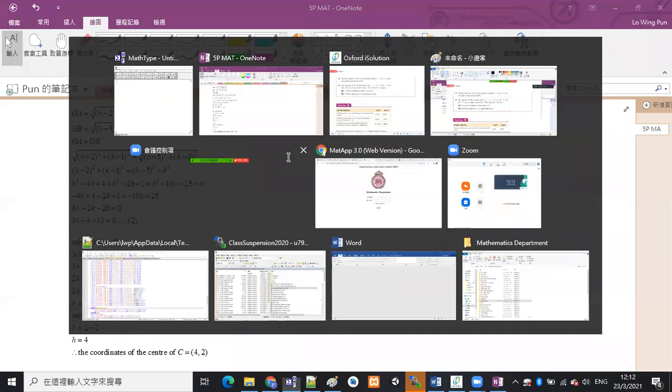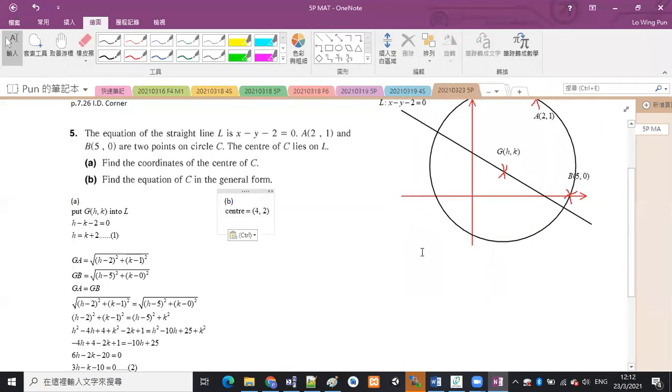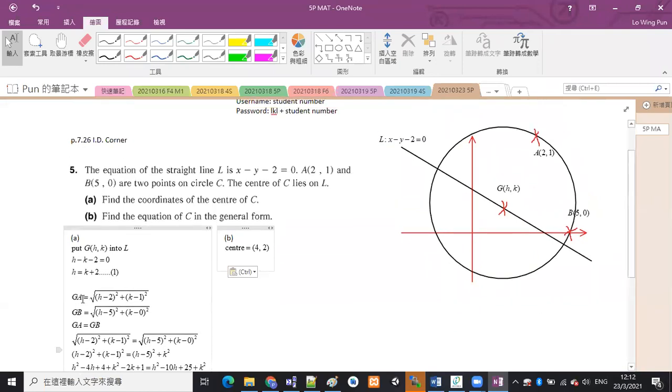Okay, how about radius? We do not have any radius, but we know that GA is a radius. GB is also a radius, right? So because we have already found the values of H and K, we just pick any one of them to calculate the radius.